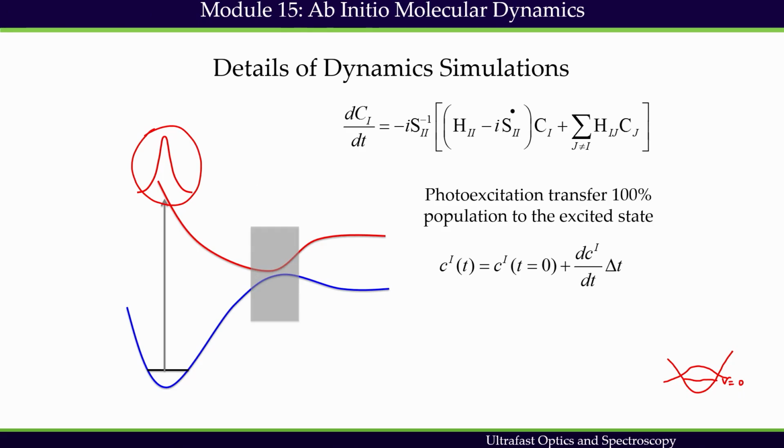So, the molecule will always be vibrating even at the zero point energy level. Now, at the zero point energy level, the vibrational wave function represents a Gaussian function under the harmonic oscillator approximation. This Gaussian function actually represents the spread of different configurations.